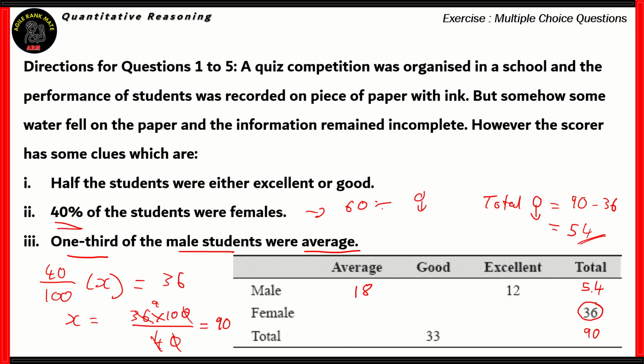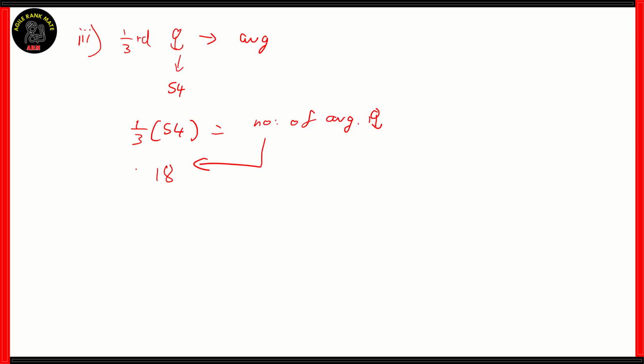Now that we know the total number of male students, the number of excellent male students, and the number of average male students, we can calculate the number of good male students. So, good male students is equal to total minus the sum of the number of average students and the number of excellent students, which is, in numerical terms, 90 minus 18 plus 12.